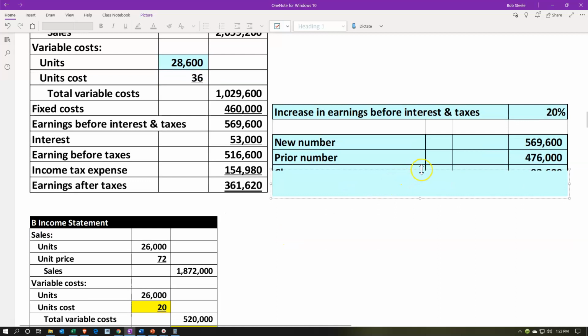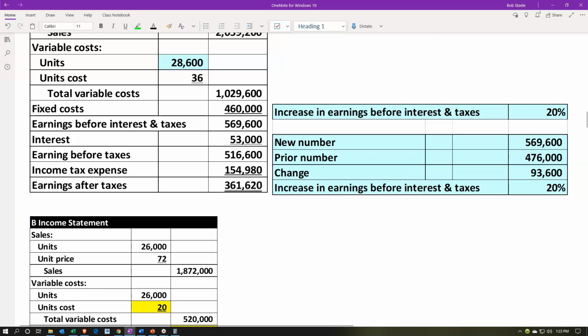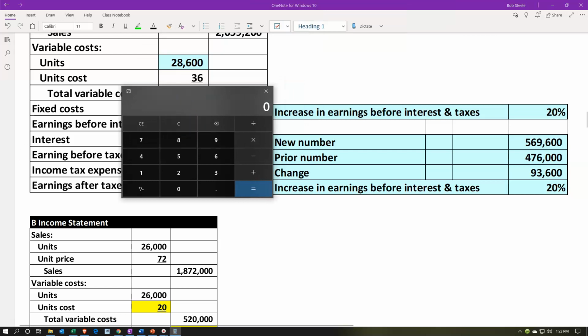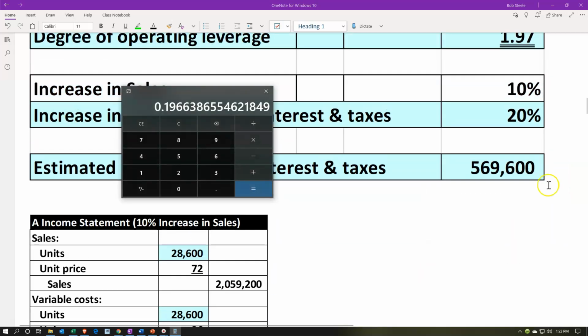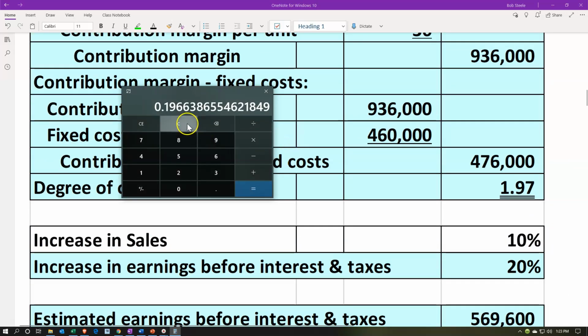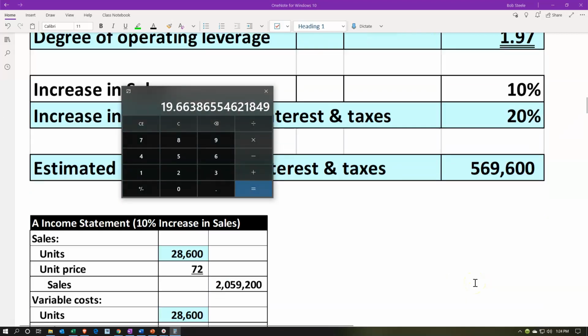If we take the difference between those two, that's going to give us the change of 93.6. We take that change and divide it by the prior amount, the 476,000, and that gets us to that 20% again. In other words, more exactly, the 93.6 divided by the 476,000, which is that, right, times 10, to about that 20%.